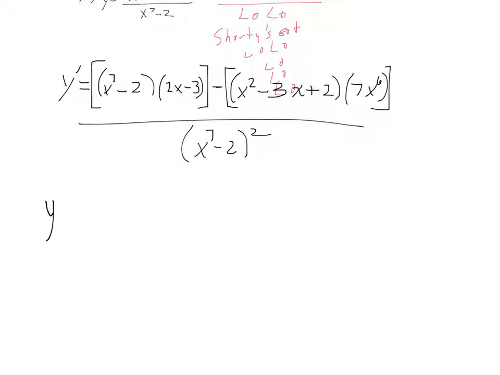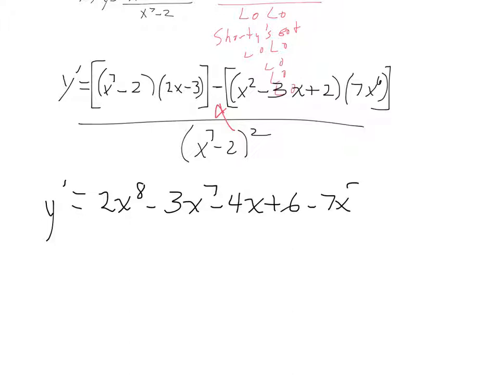So meaning this becomes, if I multiply all this stuff out, 2x to the 8th minus 3x to the 7th minus 4x plus 6. The reason I put these in brackets, I still see students at this level misdistributing that negative.